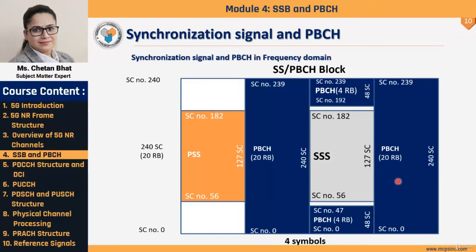So 240 subcarriers means how many PRBs? 240 divided by 12 gives you 20 PRBs, or 20 RBs. So this is the frequency and time domain representation for the synchronization signal as well as PBCH.